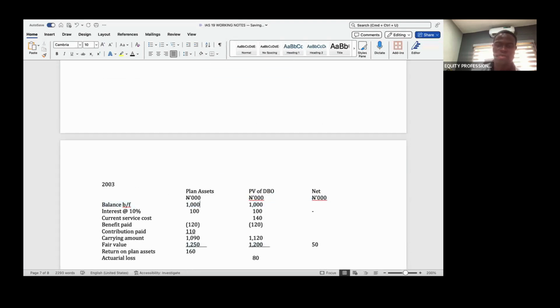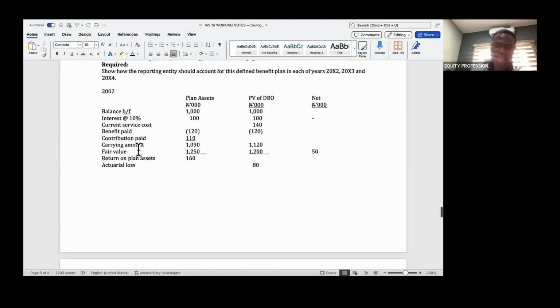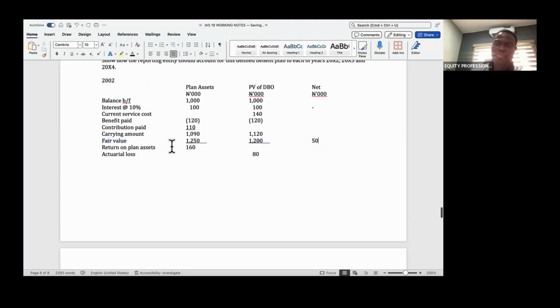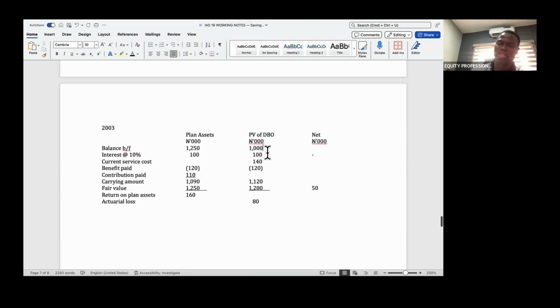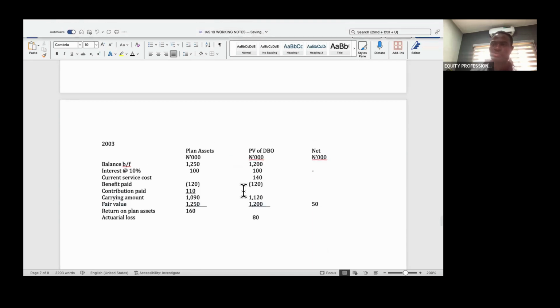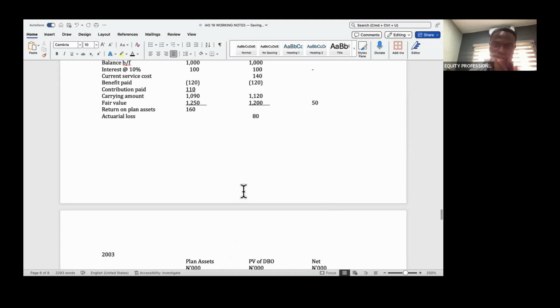Is there anybody that doesn't agree with that? That the balance at the end, at fair value, because it's the fair value that goes to our books, becomes the opening balance of 2003. Okay, so that's sorted first.